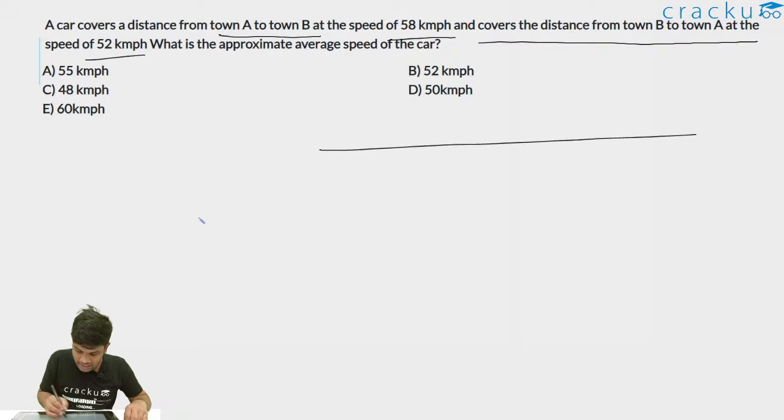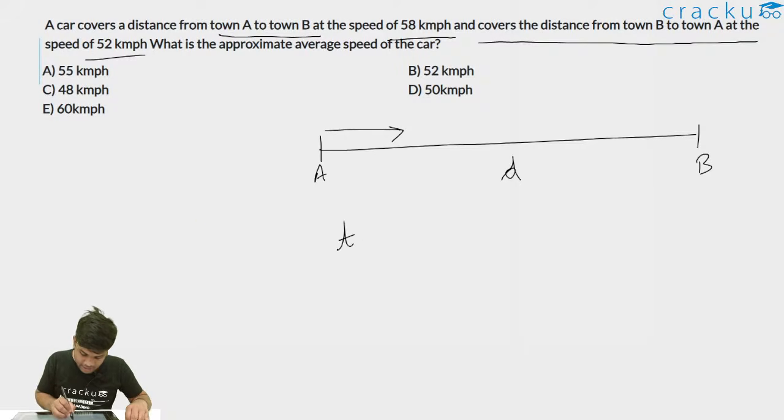So let's draw a line. Let's assume this is town A and this is town B. Let the distance between A and B be small d. Now a car is going from A to B at 58 km per hour.